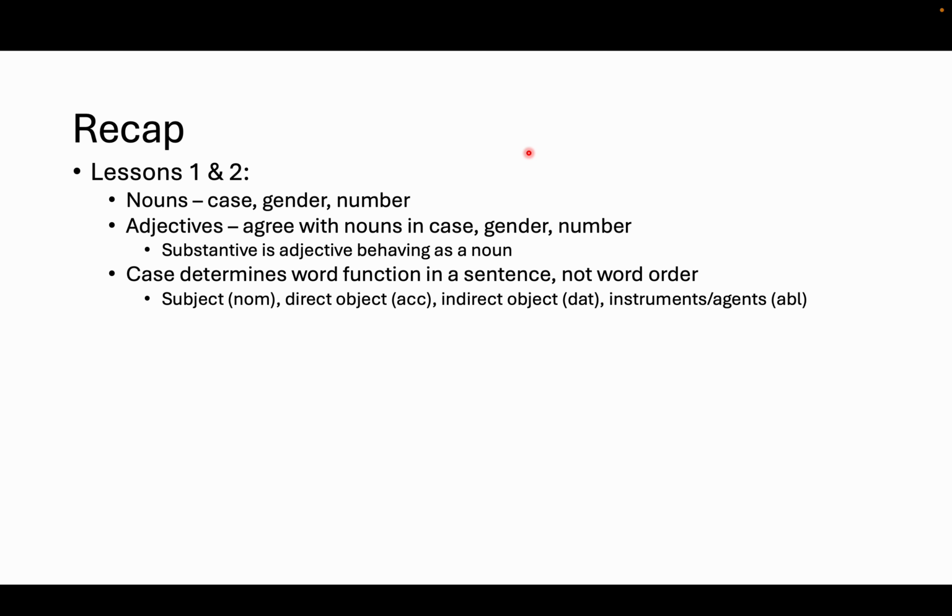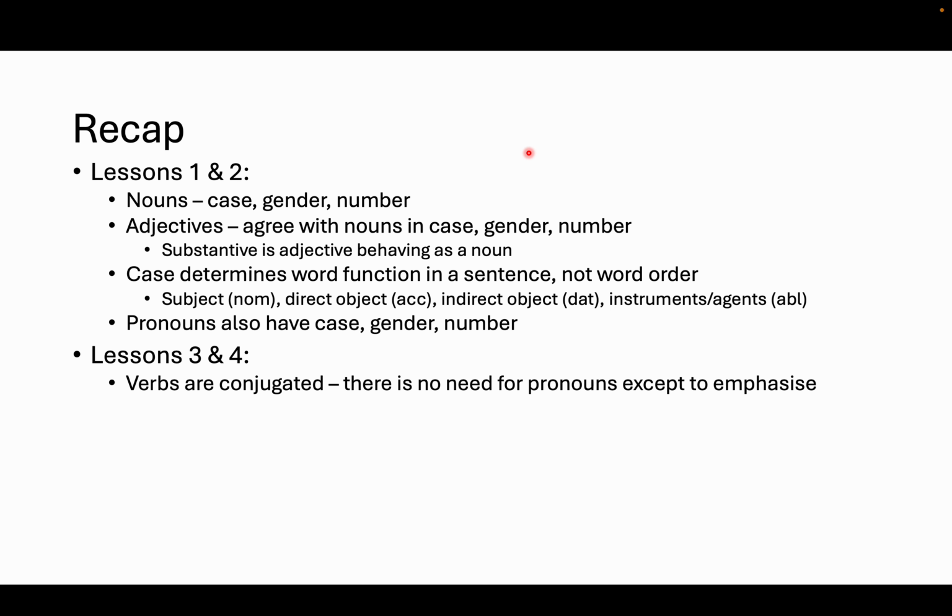The case of the noun determines its word function. So the subject will be in the nominative case, the direct object in the accusative case, the indirect object in the dative case. The indirect object, remember, receives the direct object. And then instruments, agents, causes are in the ablative case. Pronouns like I, me, you, him, her, etc. also have case, gender and number.